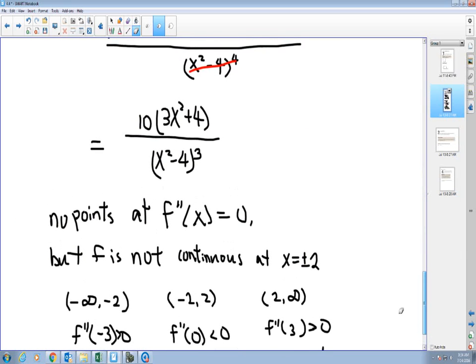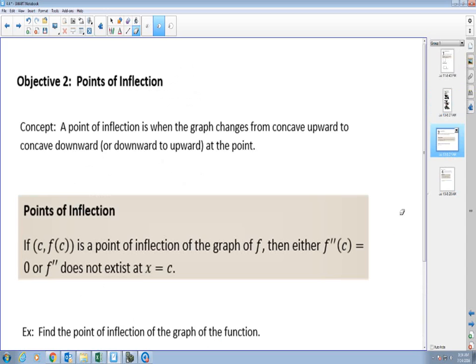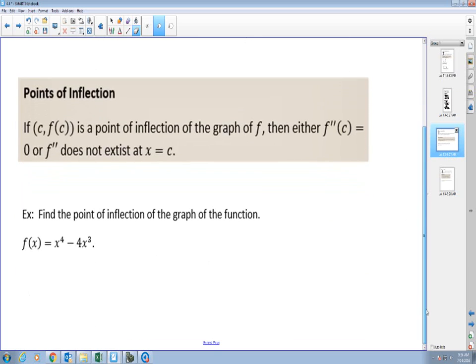I could not solve for f double prime of x, so I couldn't find my points of inflection at C. It's not hard. Certain graphs have points of inflection, certain graphs do not.